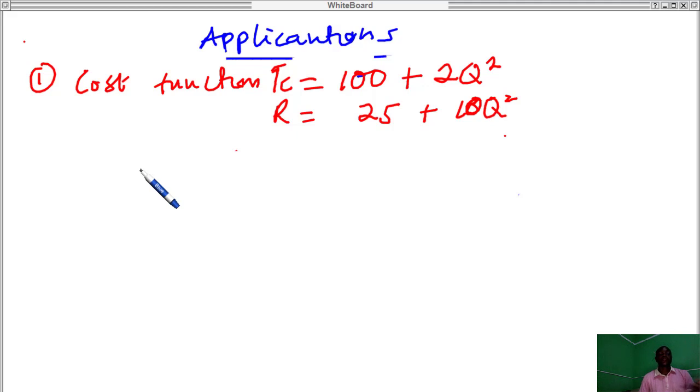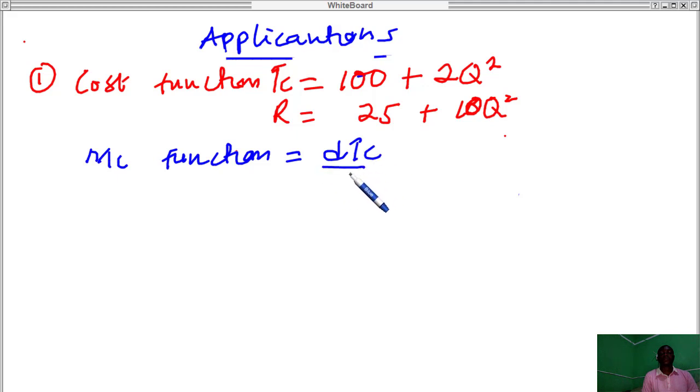Now, with the same question, we have to find the marginal cost function. Marginal cost function is equal to d total cost over dQ. So let's go. The total cost, dQ.